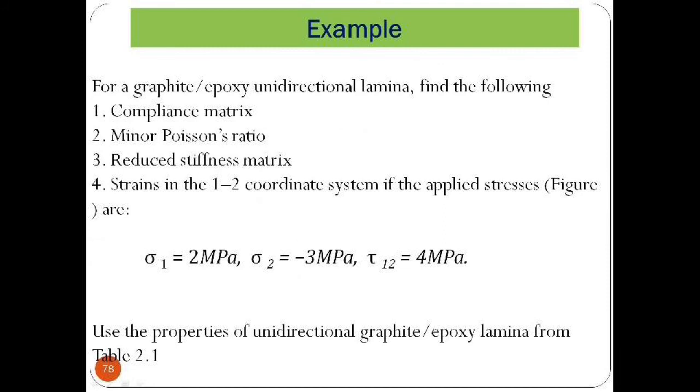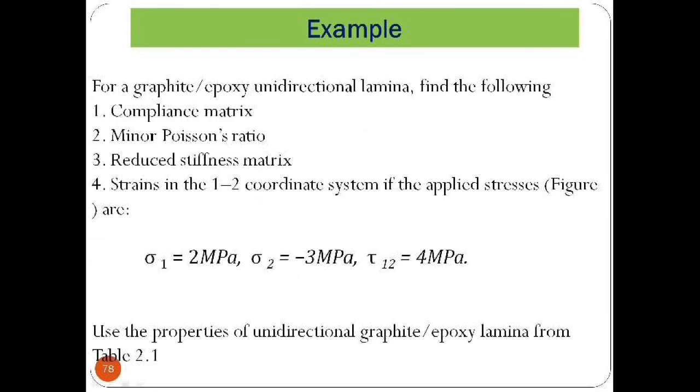Now, in order to develop this Q matrix for the macromechanical analysis of laminate, we'll solve this through module number 1, and in that the same numerical for the calculation of Q matrix is herewith.